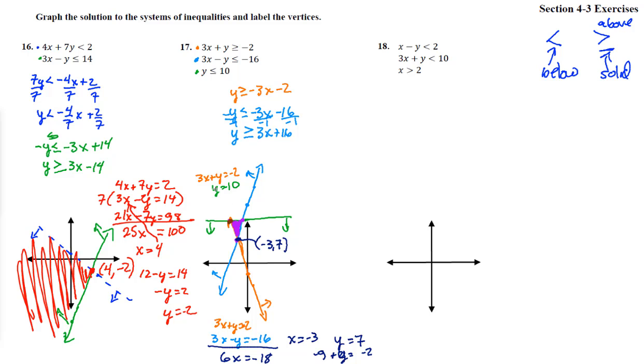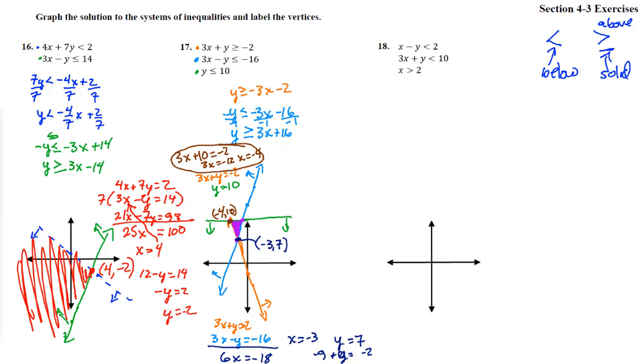Oh look, y is already 10. So let's stick that in here and we get 3x plus 10 equals negative 2. Subtract 10 and we get 3x equals negative 12. That means x equals negative 4. So that point gives us negative 4, 10.